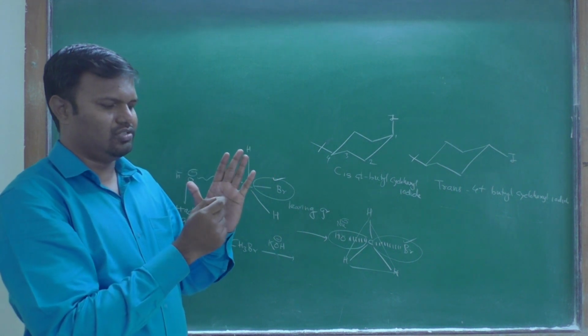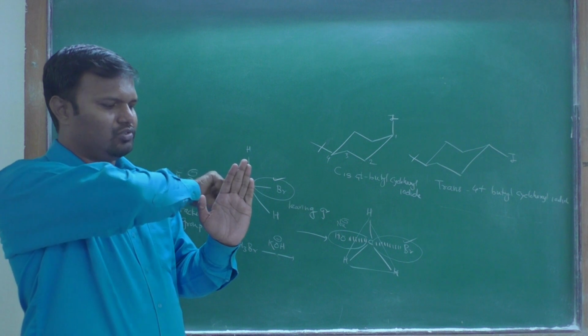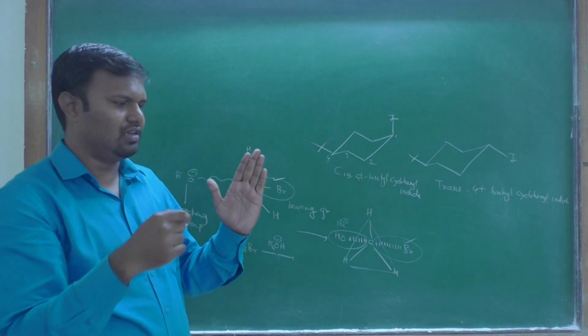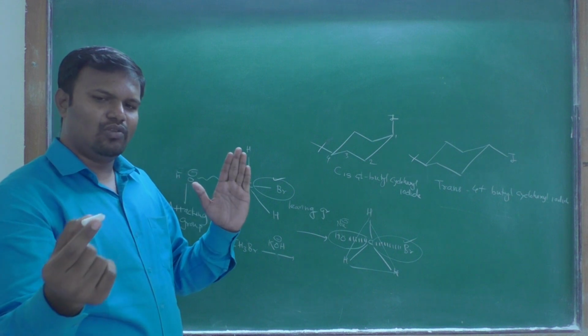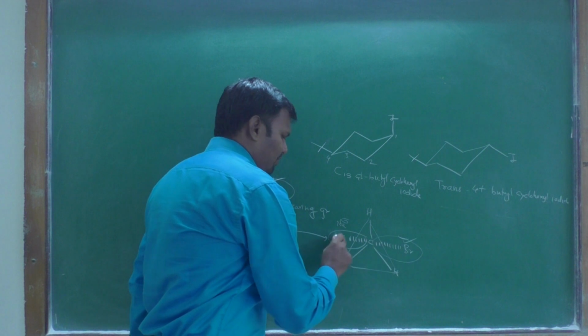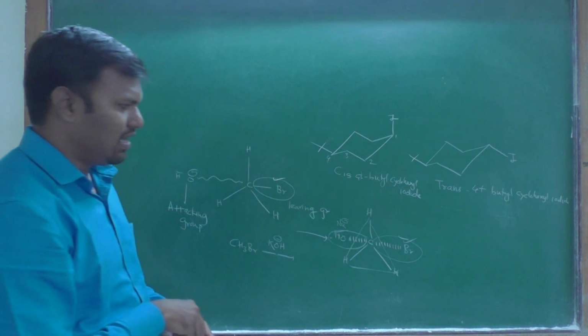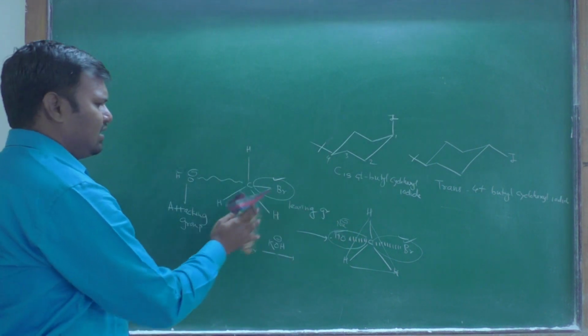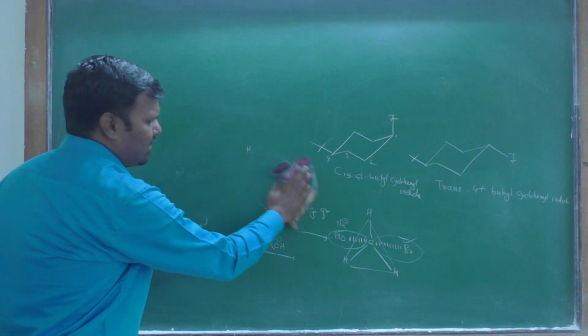If the back side is bromine, then this side is empty, and the nucleophile attacks from that side. Therefore opposite to the bromide, OH minus attack takes place in this SN2 reaction, and that is its mechanism.